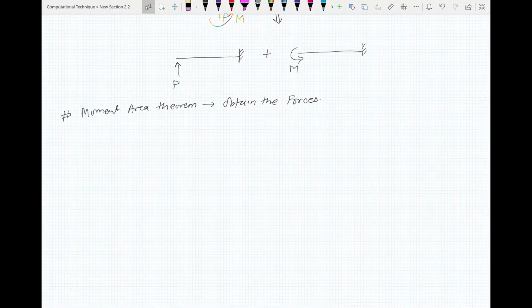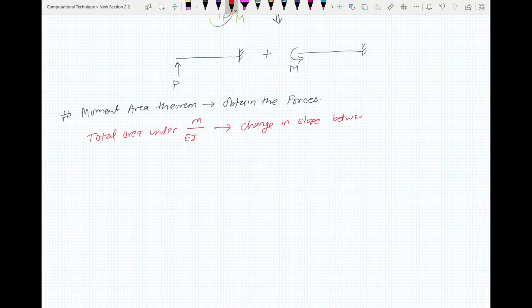Your moment area theorem defines that the total area under the M by EI diagram will give you the change in slope between the two ends considered.